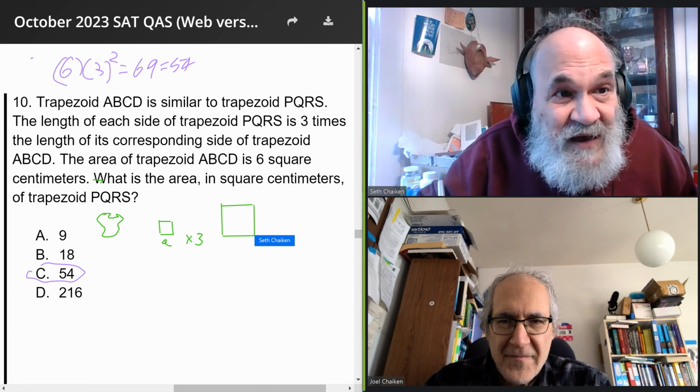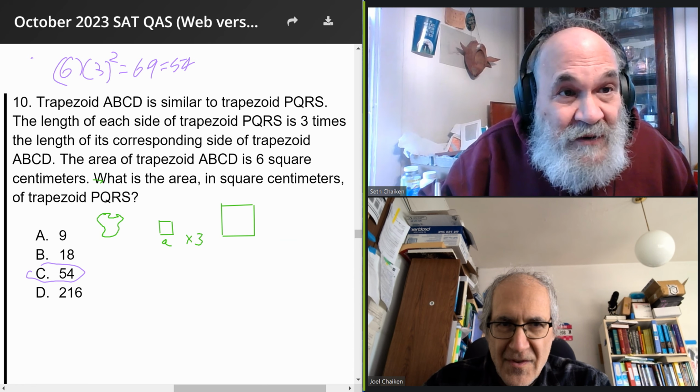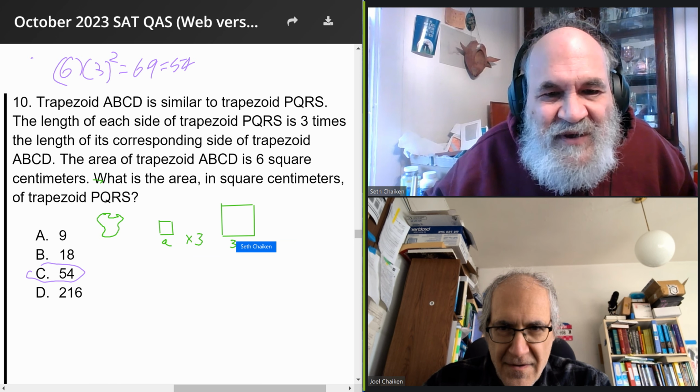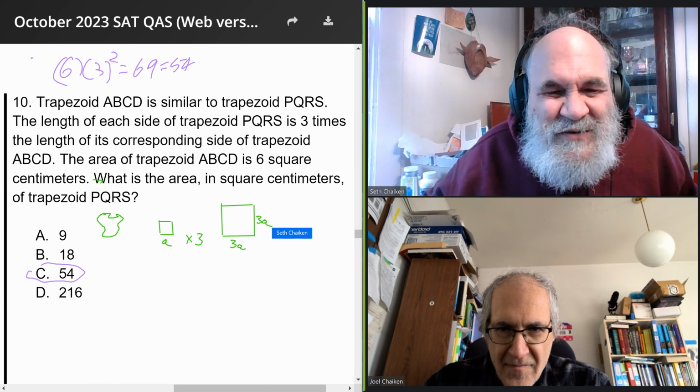A square whose sides are 3 times A. And then the area of the original square is A squared.